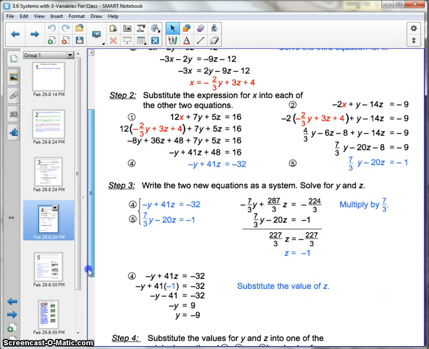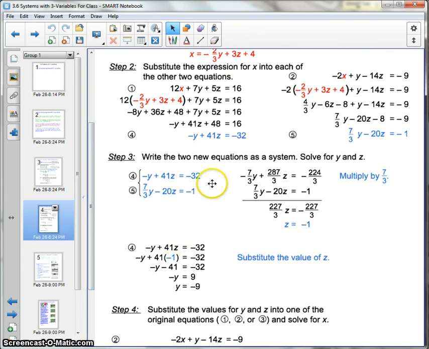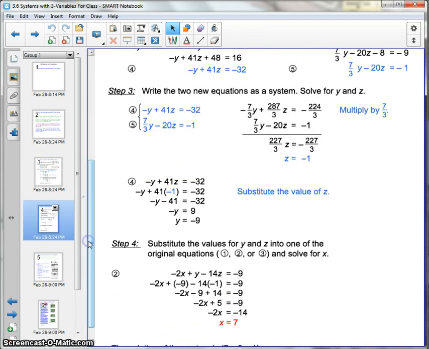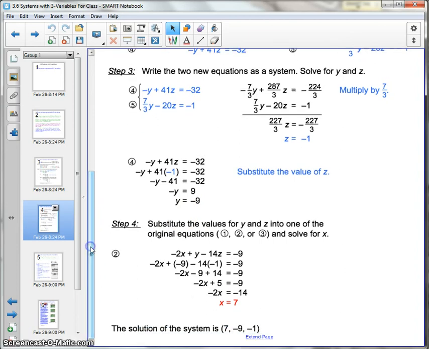Then in step 3, you write the two new equations as a system and solve for y and z, just like we would have done with two-variable equations. We solved for z here, found that it was -1, then plugged it back in to find y, which is -9. Then in step 4, we substitute the values for z and y back into any of the three original equations, 1, 2, or 3, and solve for x.